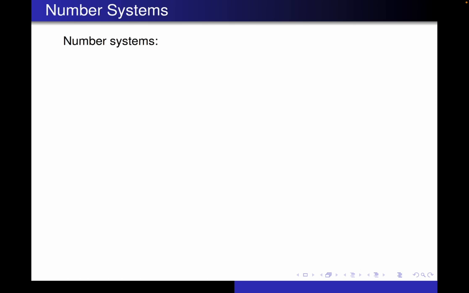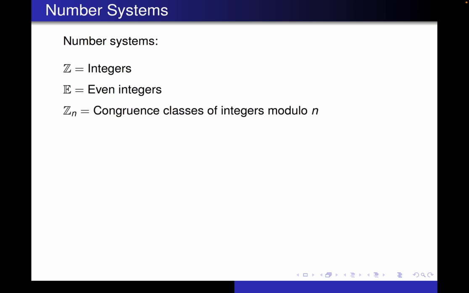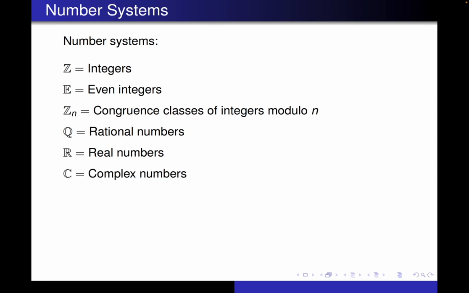So let's look at all the number systems that we've been working on this semester. The first one we looked at, of course, was the integers. We looked at the even integers. Those were special because they didn't have a multiplicative identity. We looked at the congruence classes modulo n. We called those Zn. The rational numbers, we looked at those. The real numbers, we looked at complex numbers.